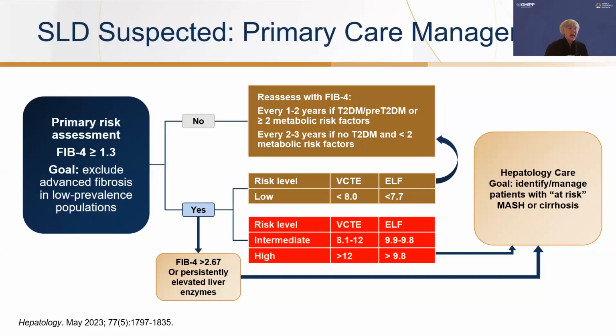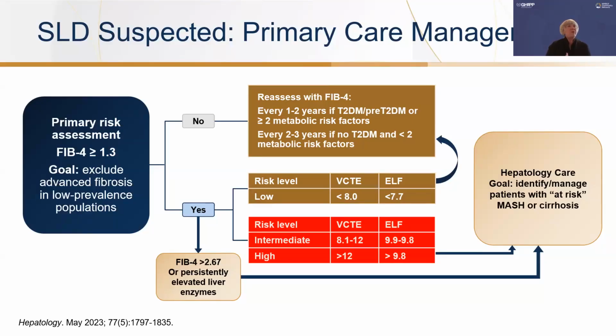So from a primary standpoint, how or when can steatotic liver disease be suspected? And they can take the lead by recognizing patients who meet the criteria with imaging and at least one of the cardiometabolic risk factors. And one of the easiest and a great place to start for primary care management is doing a FIB-4 score.